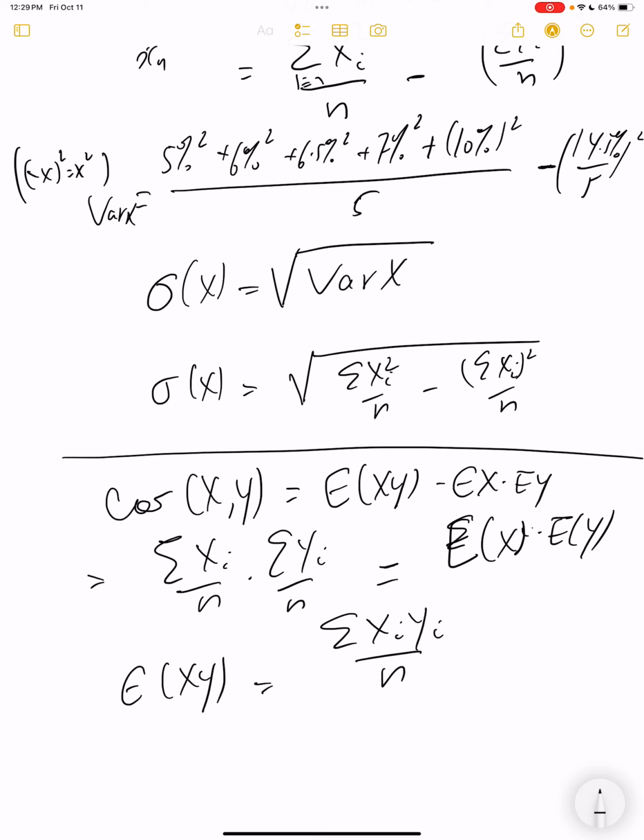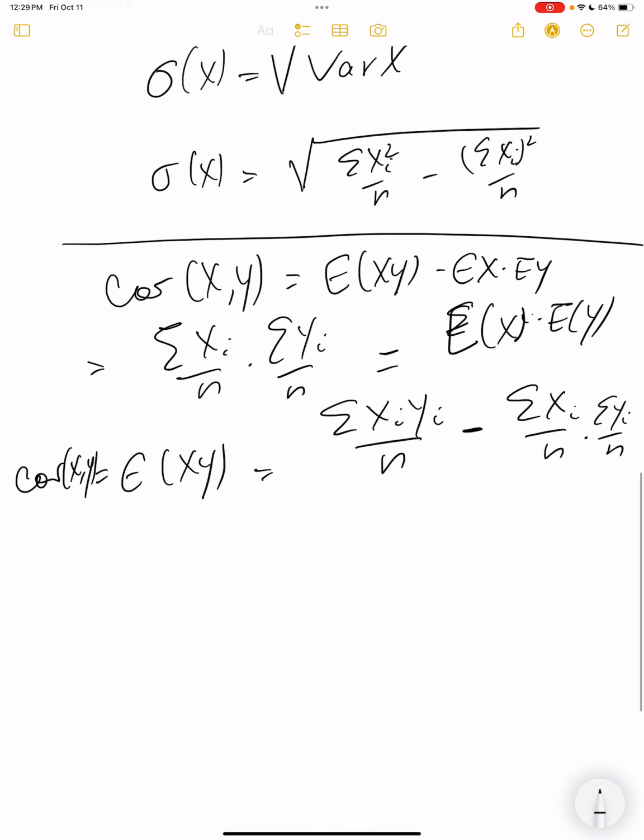So you first multiply x1 by y1, x2 by y2, etc., and then you subtract the product of the averages. And this is called the covariance of xy.